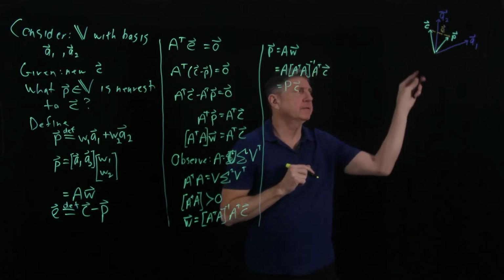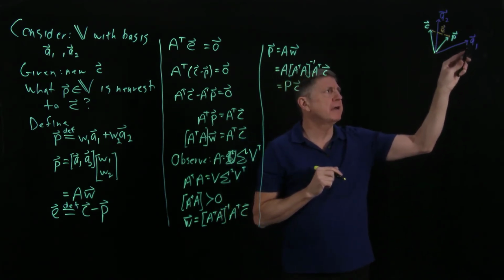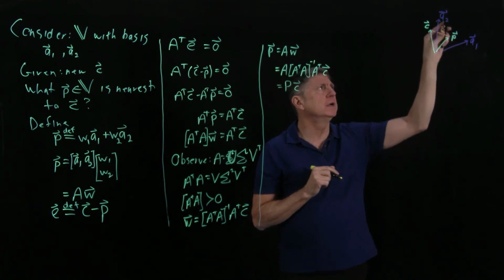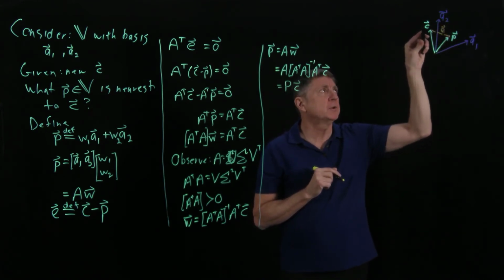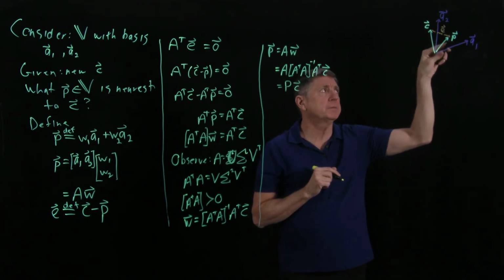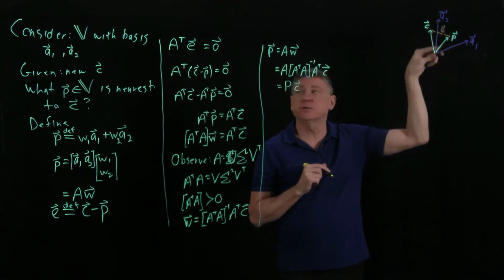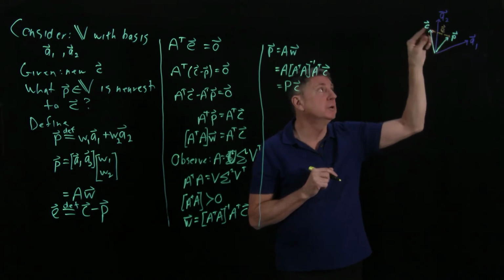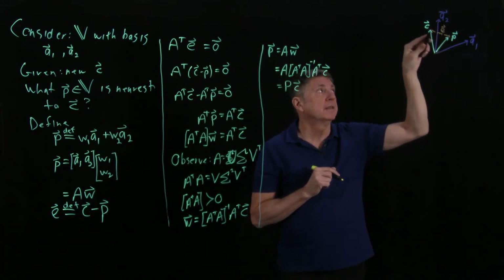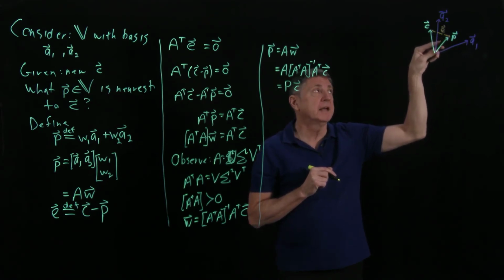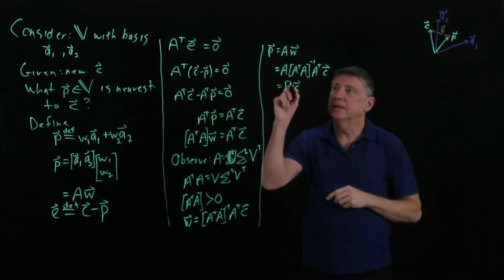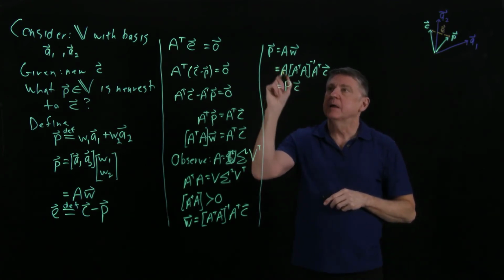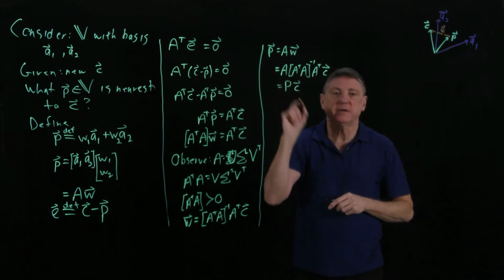And so what we have is this. We started out by having two basis vectors, a1 and a2, and we were given a new vector c. And we said, well, the nearest point p that's in the vector space spanned by those two basis vectors, that has to have an error vector that's of minimum length. And it turns out that we can solve that for a given c using this projection matrix.